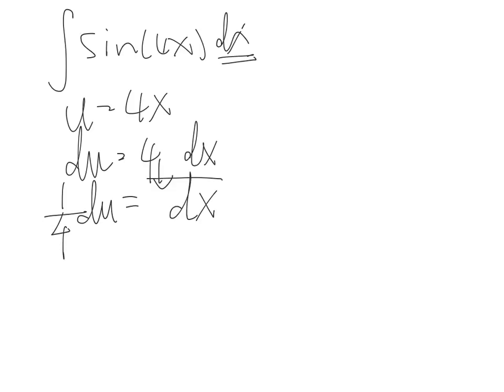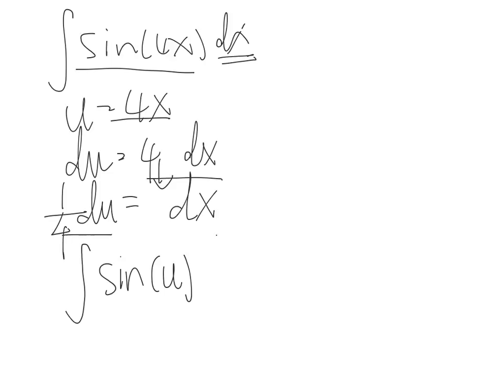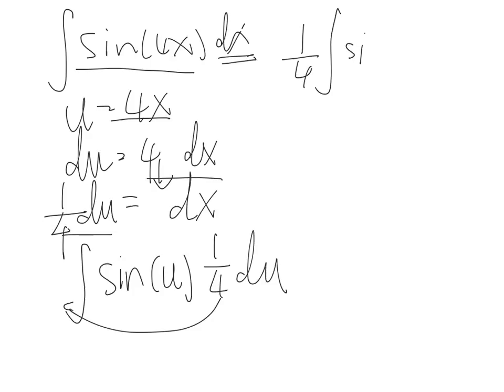Then we substitute. This now becomes sine of u, since u equals 4x, and dx equals 1/4 du. We put the 1/4 in the front, so we get 1/4 integral of sine u du. Okay, let's be a little careful here.